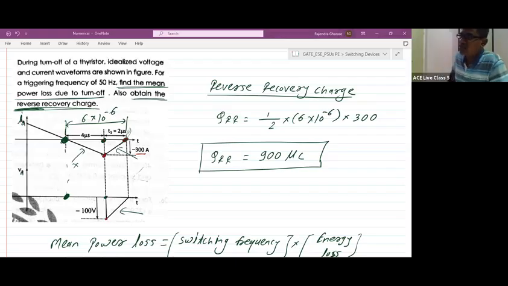Those mercury arc rectifiers were outdated things nowadays. If you compare the two, here we have somewhat advanced switches, and due to that our switches have very low power consumption. So the overall efficiency of the system has improved to a great extent.